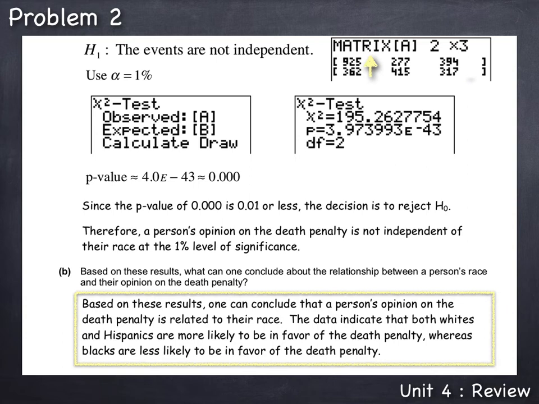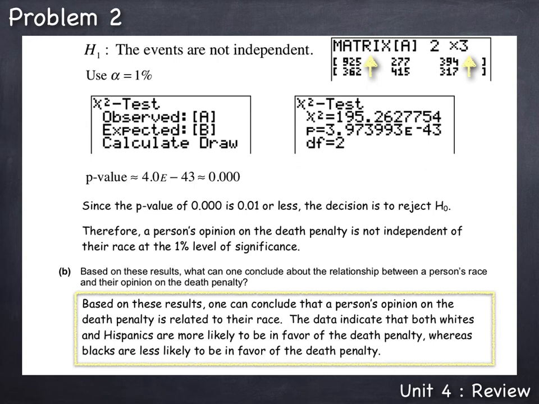With Hispanics, we see the same sort of trend, but it's not as significant or as large as that for whites. With Hispanics, the number that were in favor, 394, is higher than that who were opposed, 317. So we could say that Hispanics are more likely to be in favor of the death penalty than opposed, but this is only just slightly more in favor. So even though Hispanics and whites show the same trend, whites were much more in favor.